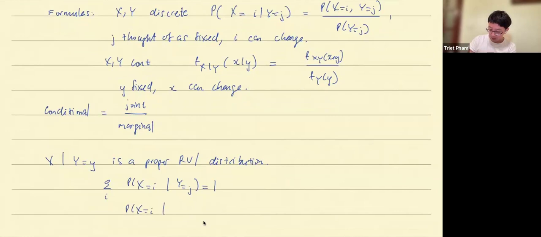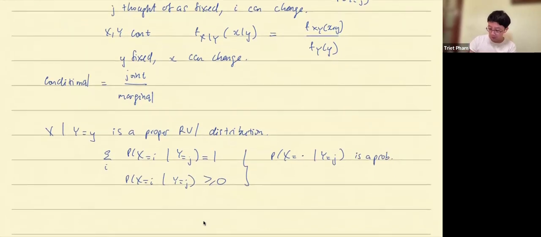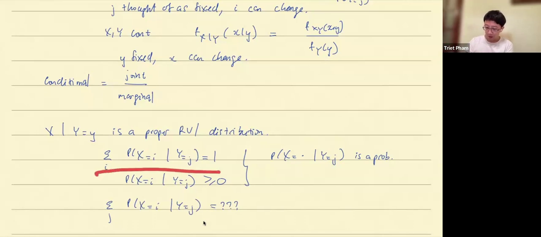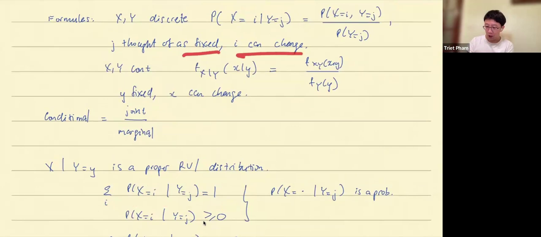So this basically makes it into a probability. Notice that if you do the other way, if you sum over j, I mean, you can sum it, but who knows what comes out? It could be a number less than 1, bigger than 1, whatever. And this is exactly why j fixed, i can change, is the theme.